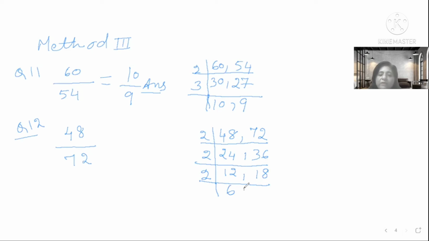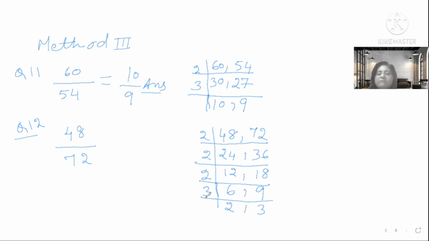And now again we see what is the common factor here. It is again 2. So we divide by 2, we get 6 2s are 12 and here we get 9 2s are 18. So now what is the common factor which will divide 6 and 9? That is 3.